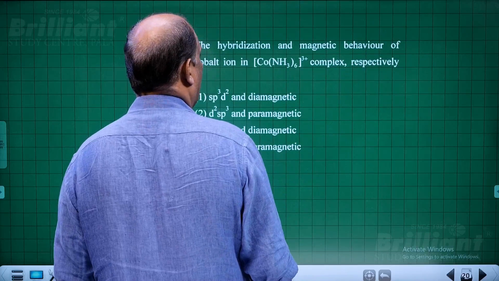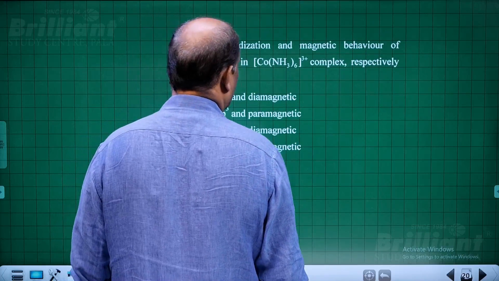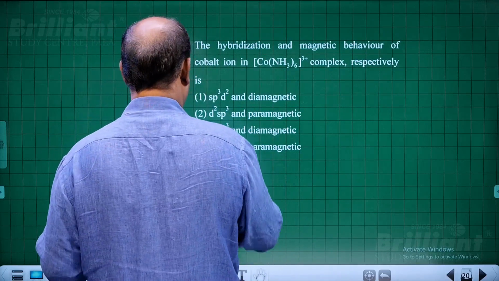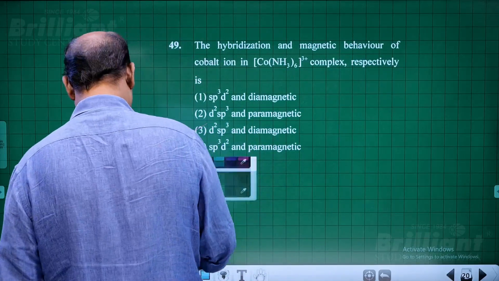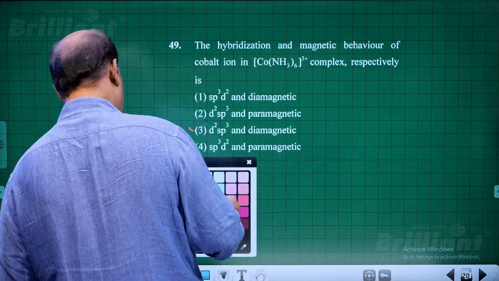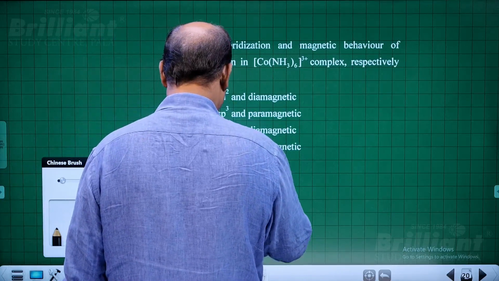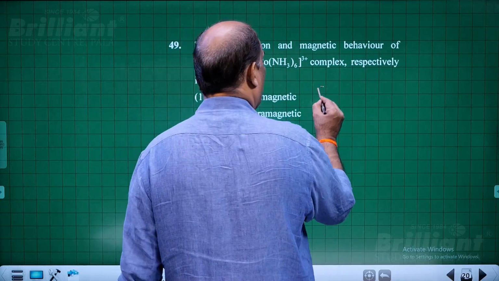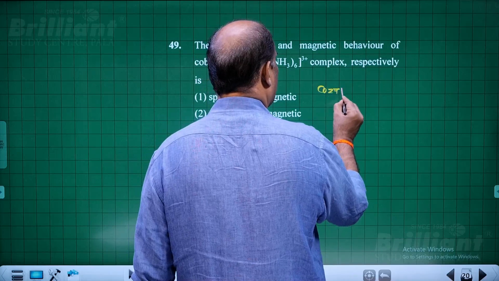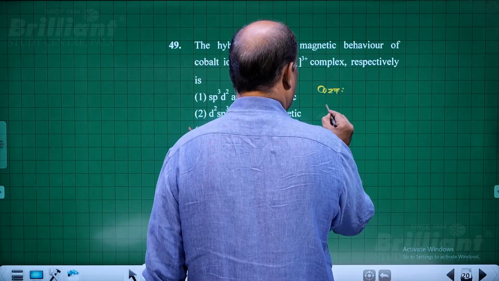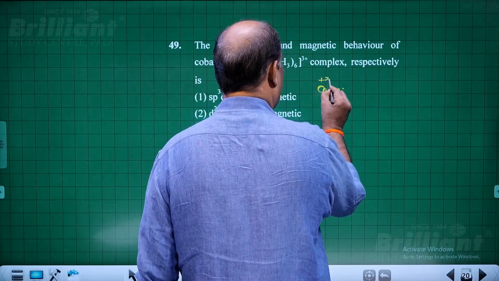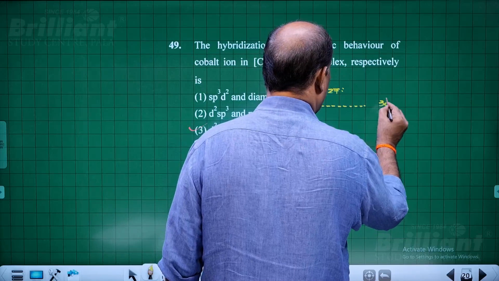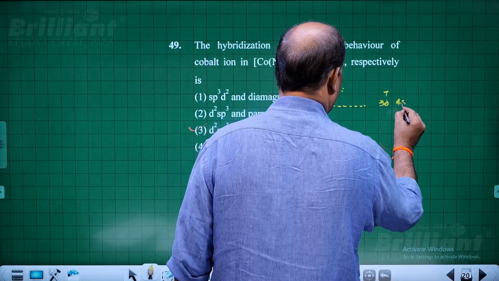The hybridization and magnetic behavior of the cobalt complex, respectively. This is d2sp3 and diamagnetic, because here a strong field ligand is there. When a strong field ligand is there, generally whenever you write, this is cobalt plus 3, cobalt is 27. This is 3d7, 4s2.